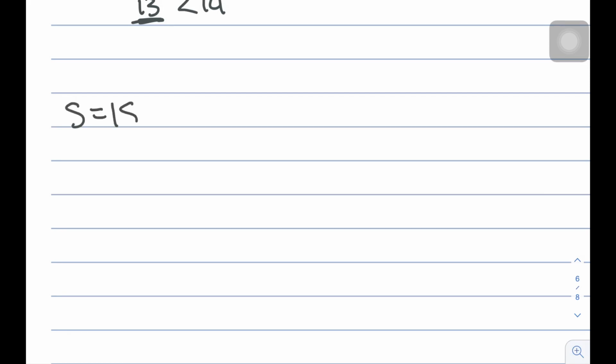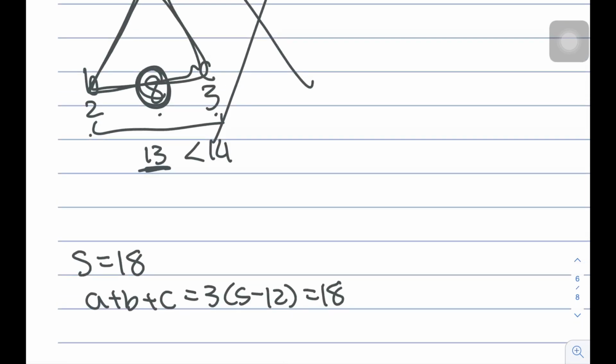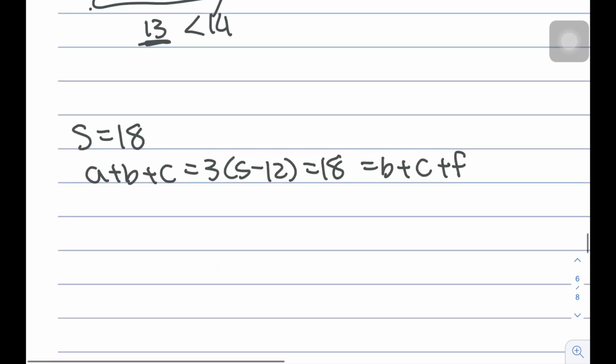Then we look at the other troublesome one, which is S equals 18. So A plus B plus C equals 3S minus 12, which equals 18. In a similar situation with this diagram, you know that this is equal to B plus C plus F. Then you realize that the BC here and the BC here are equivalent.